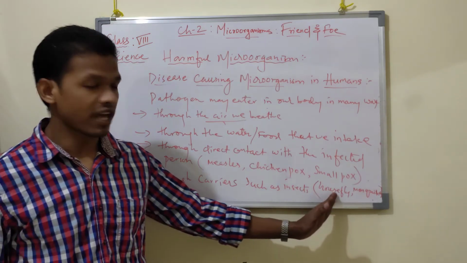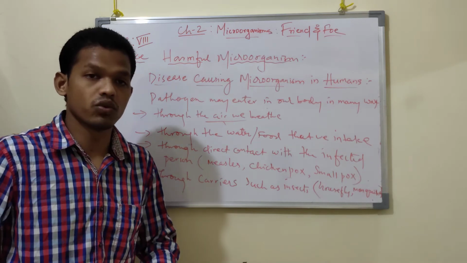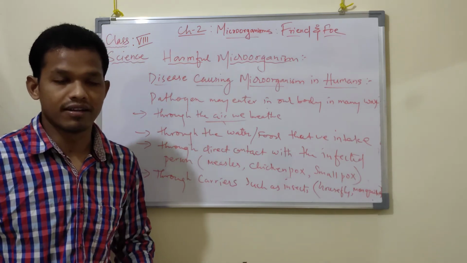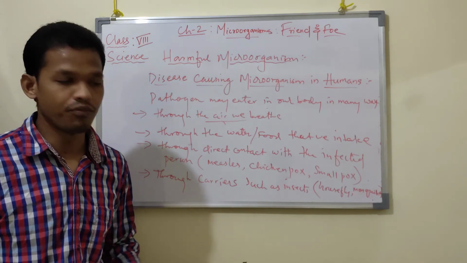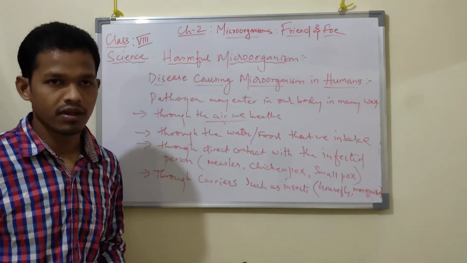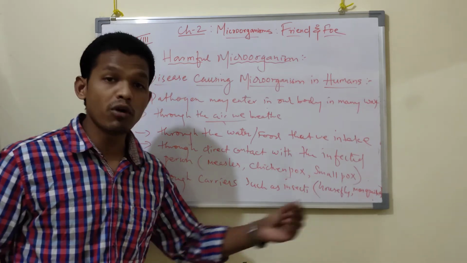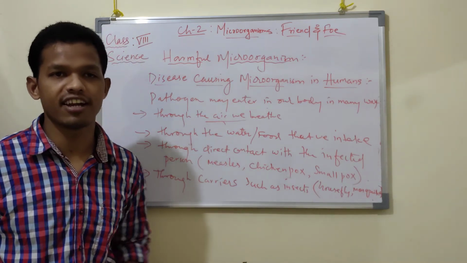The housefly acts as a carrier. They carry those pathogens with the help of their legs and body. The pathogens will stick to their body, but the housefly will not fall sick. They will not be infected.